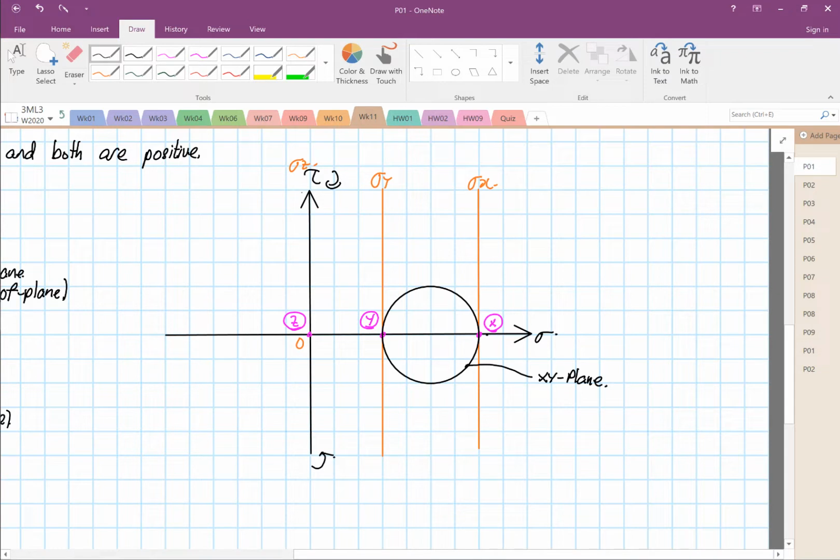Because the diameter of the circle is like XY. Then we can draw another circle. And this circle is over here, right? So you can see over here now, this corresponds to our YZ plane, because the extreme points touch point Y and point Z.